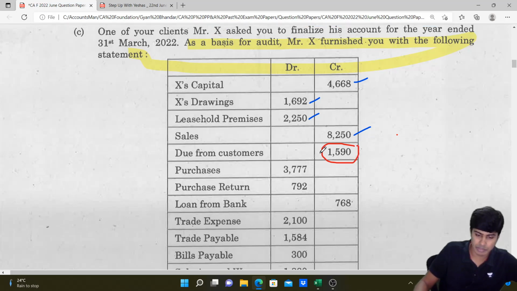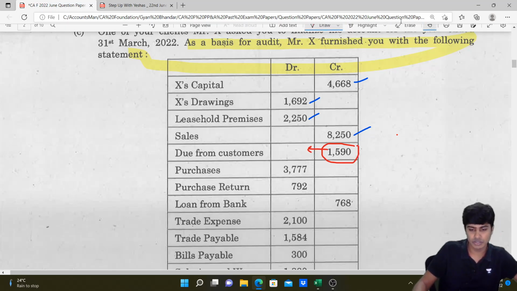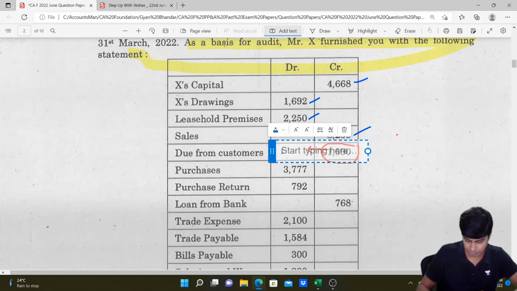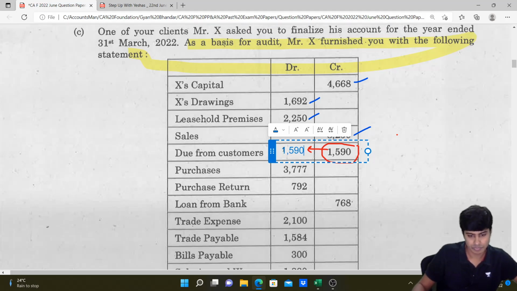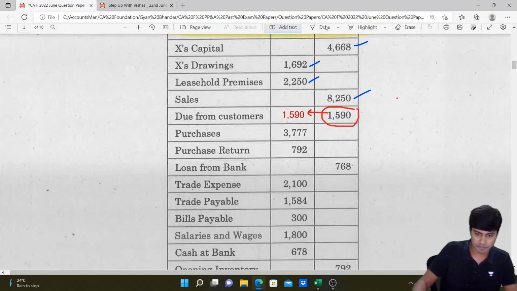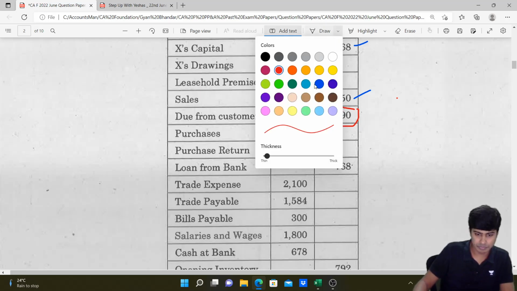An asset has to be written on the debit side. They've wrongly written it on the credit. So that 1590 should not be appearing on credit. We should post it to the debit side. Purchases debit, perfect, all good.